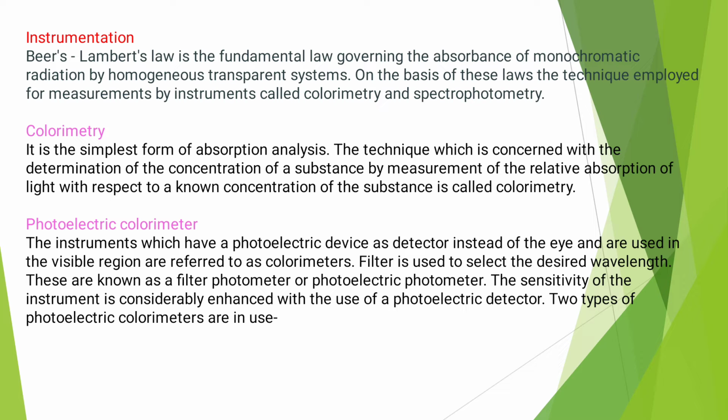So let's see the instrument. The instrumentation is fully based upon Lambert's law, the fundamental law governing the absorbance of monochromatic radiation by a homogeneous transparent system. On the basis of this law, the techniques employed for measurement by instruments are called colorimetry and spectrophotometry.